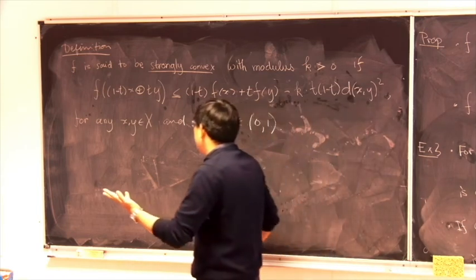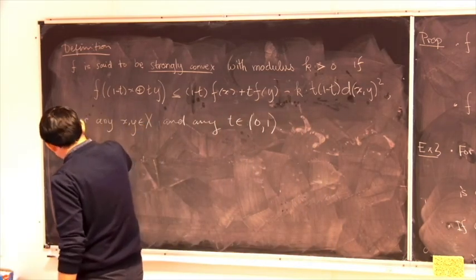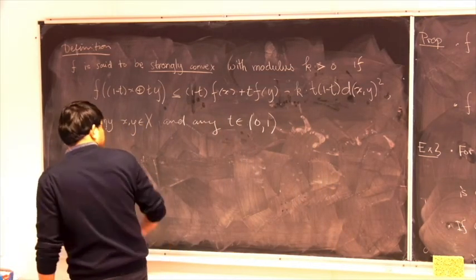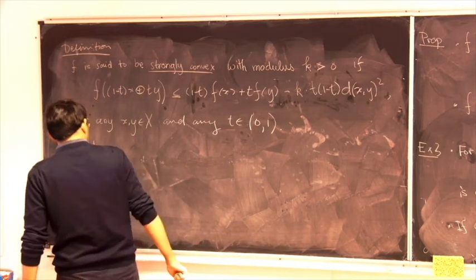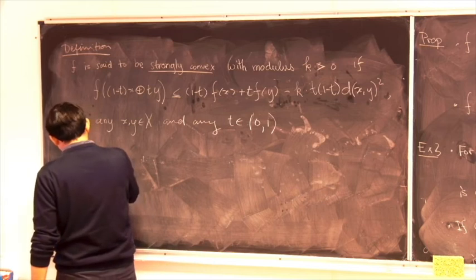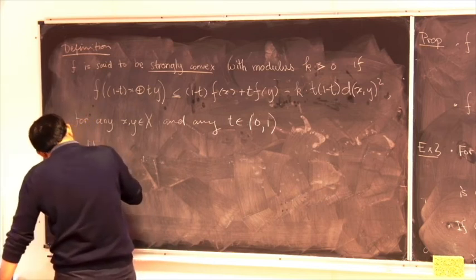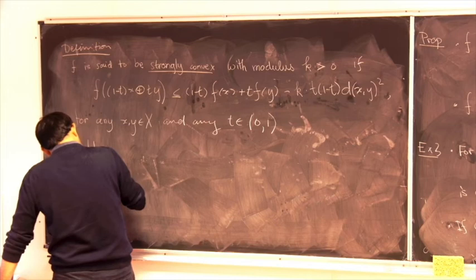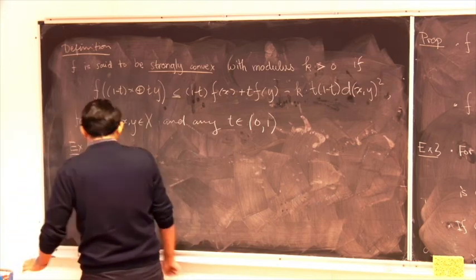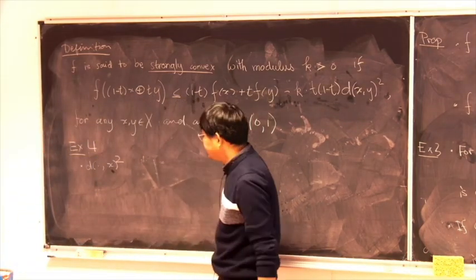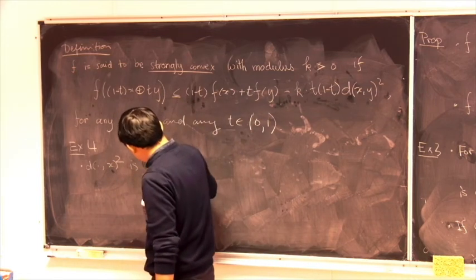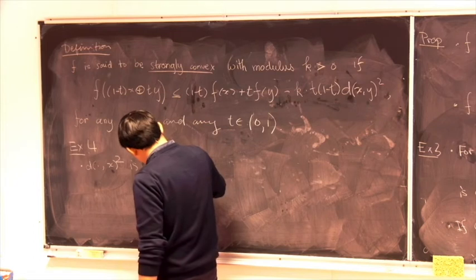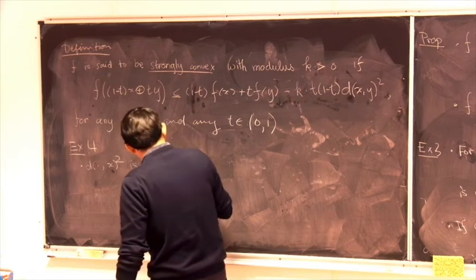So what are the examples of strongly convex functions? Example 4. Of course, the distance squared when one of the inputs is fixed is strongly convex.